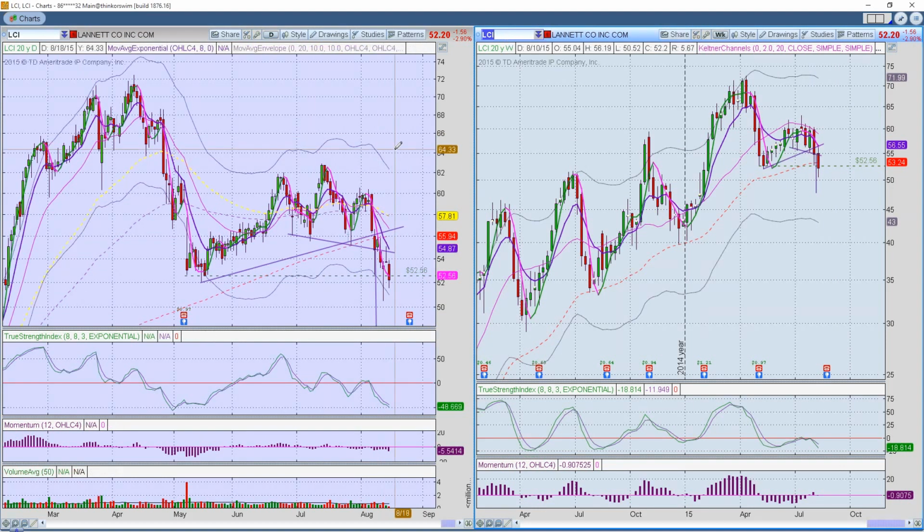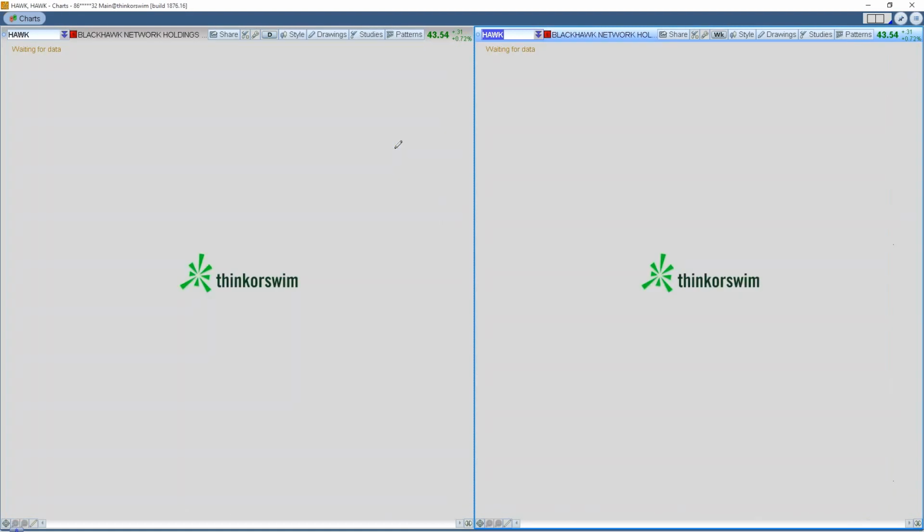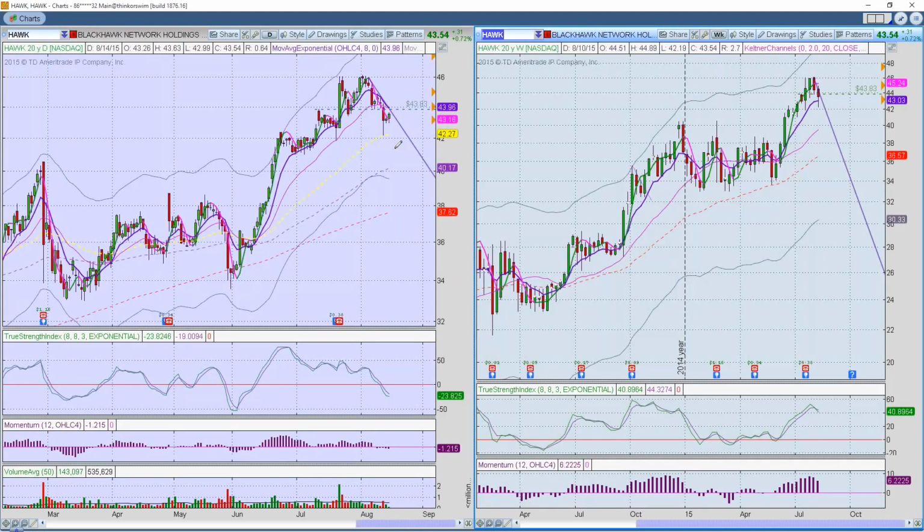And Tracy, you also had Hawk. Hawk remains a stock on the IBD leaderboard, and as we can see, this Black Hawk technology came down, tested against the 50-day moving average, and now it appears to be wanting to bounce higher.